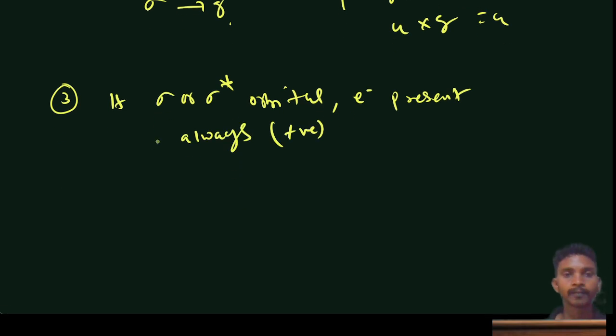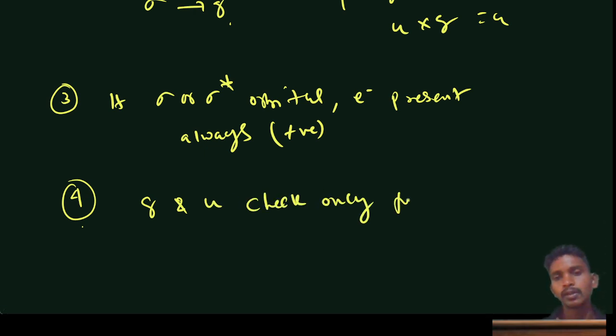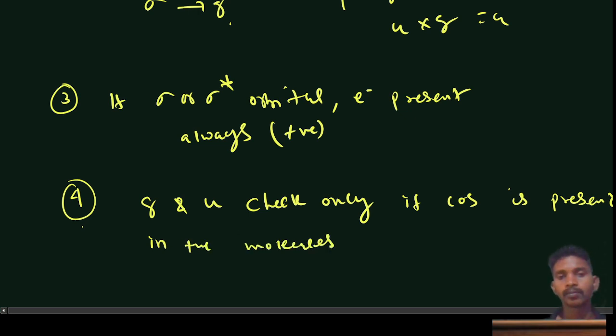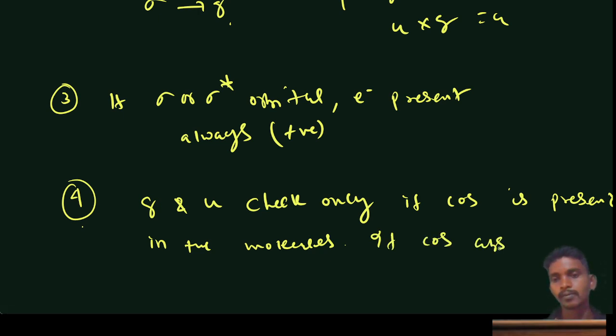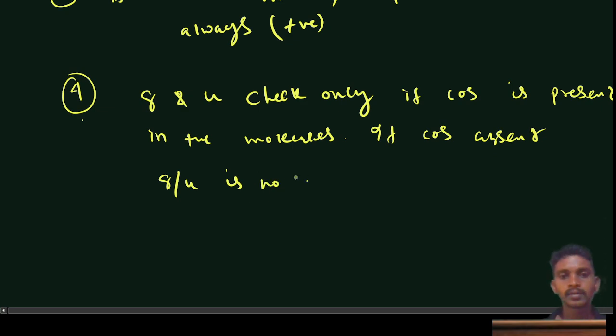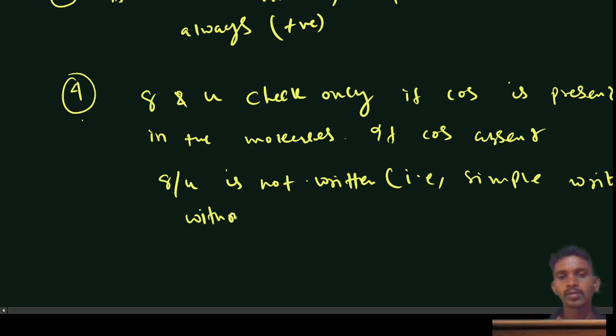Okay, and gerade or ungerade is checked only if a center of symmetry is present in the molecule. If the center of symmetry is absent, gerade and ungerade are not written; I simply write the term without writing gerade or ungerade.